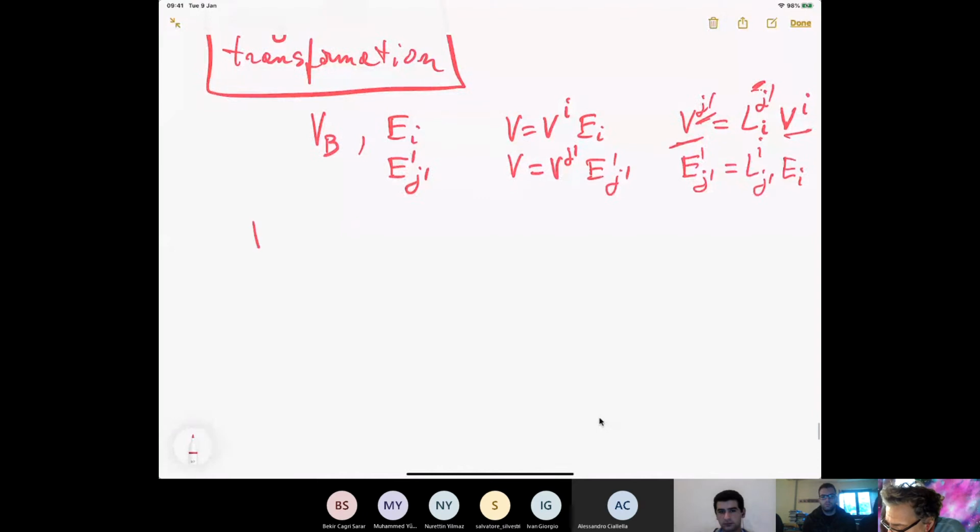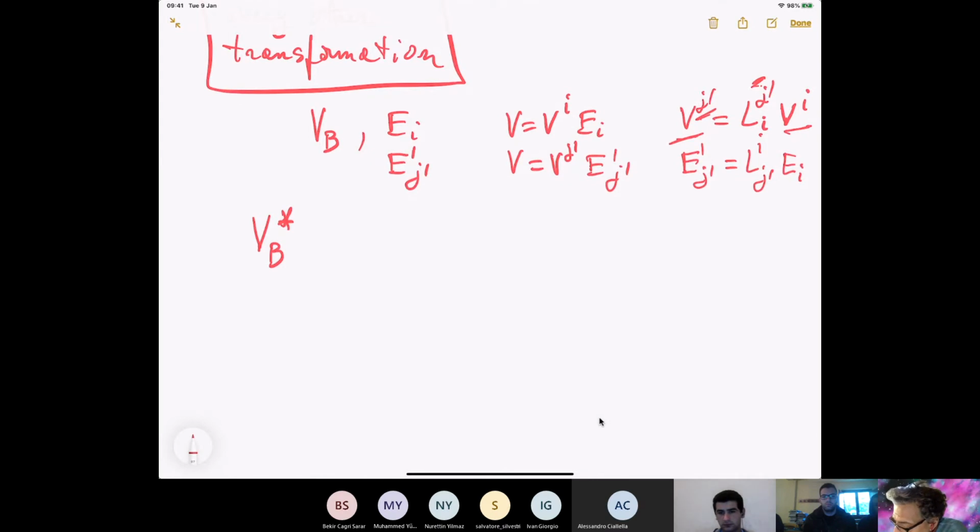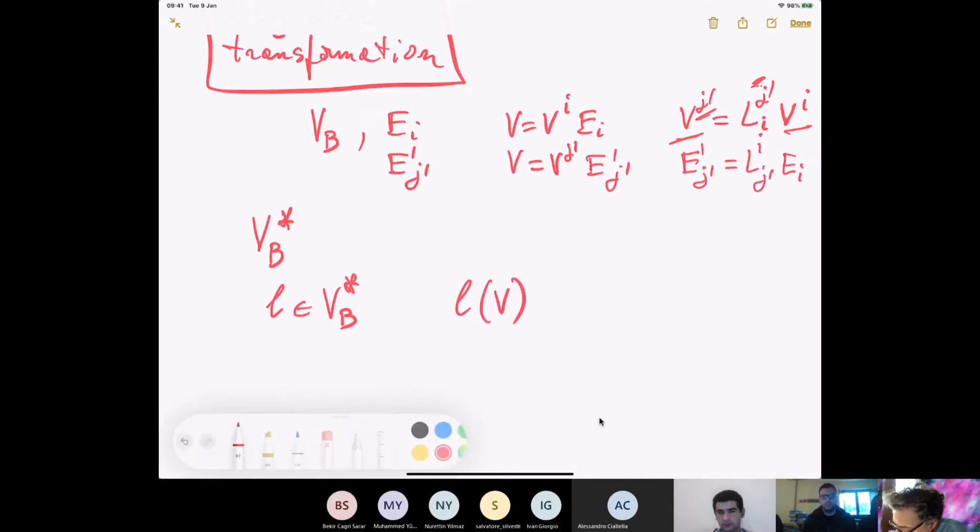Okay, now I have V star B. You remember, but we will repeat what we said in the last lecture. We have linear applications in V star B. An element of V star B is a mapping, which is linear.